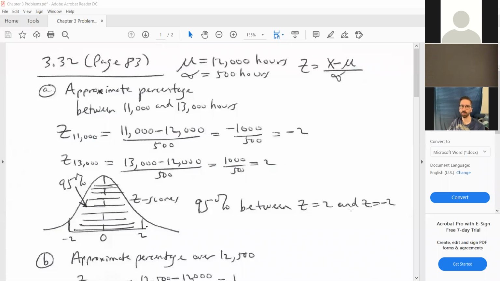All right. So what I'm going to do is I want to share a screen with you guys. We ended last time, near the end of the last session, looking at this problem 3.32 on page 83.